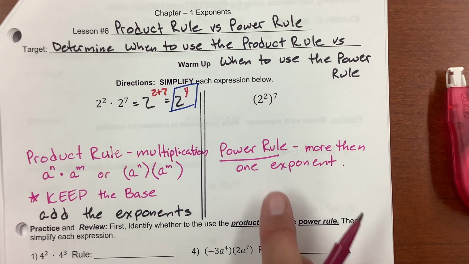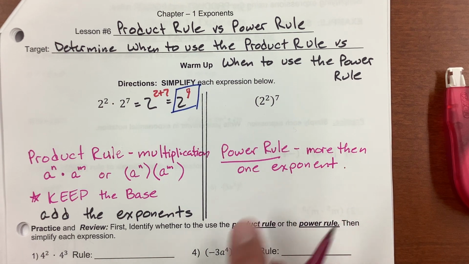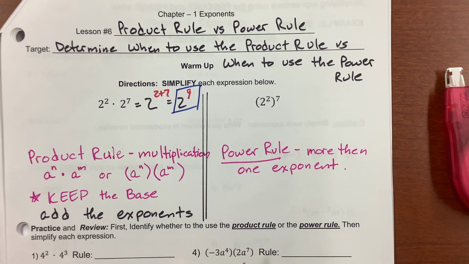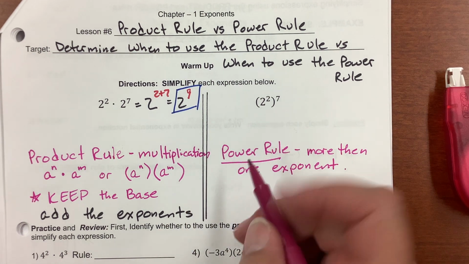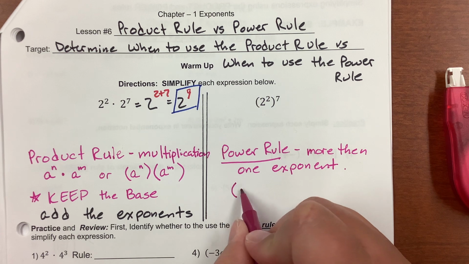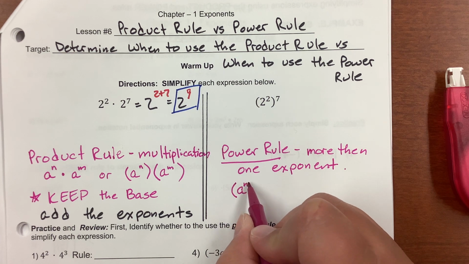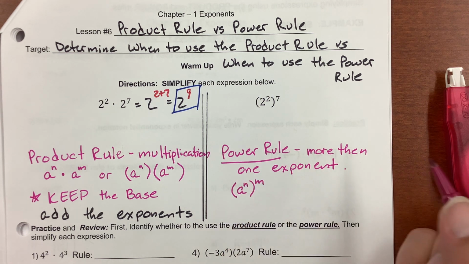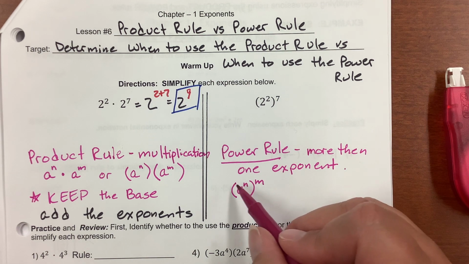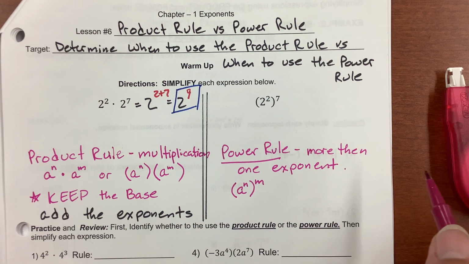So in other words, it's always going to have parentheses and one exponent inside the parentheses and one outside the parentheses. So it will always look like a to the n power, the whole thing to the m power. So it's going to have one pair of parentheses and two exponents. Okay, so what do I have to do?